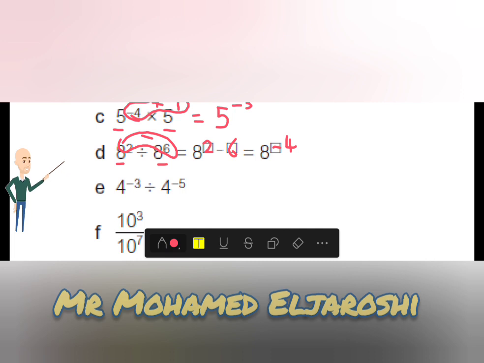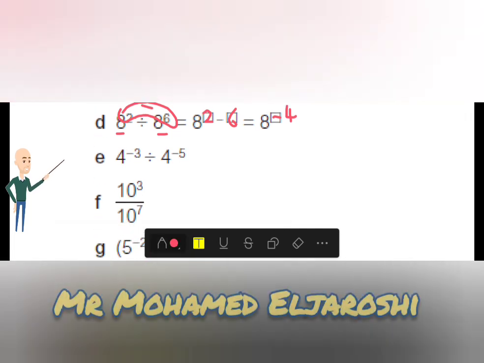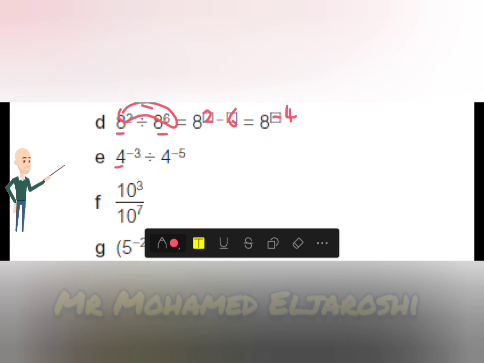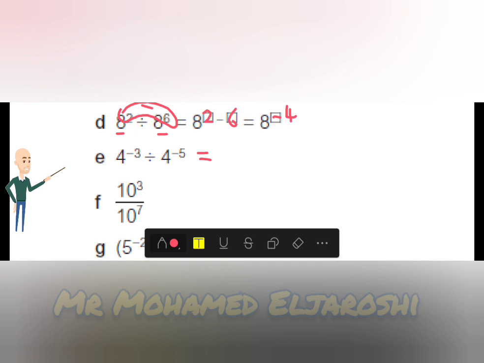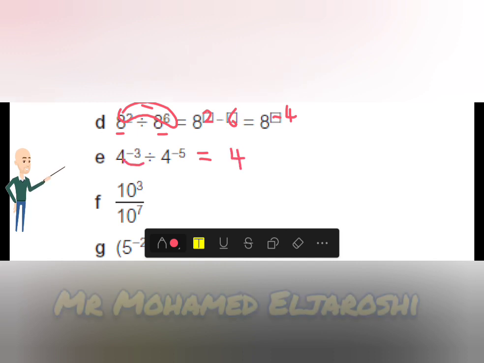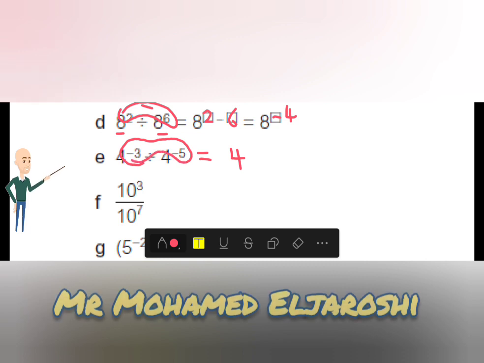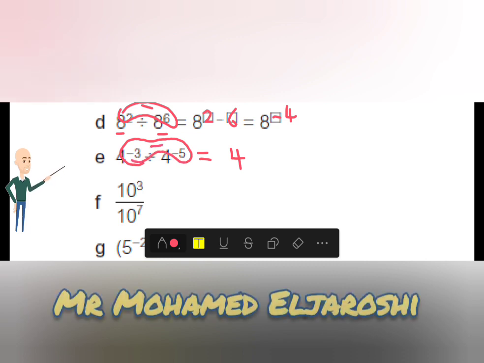Very good. Now, question E is the same. We are dividing the same base numbers, so the answer will be the same base number with the powers subtracted. Now, when you subtract this, you have to focus. First, you put the subtraction sign and then the same signs of the powers.